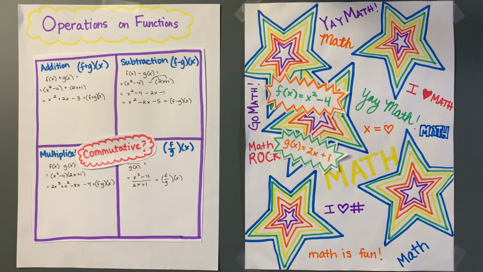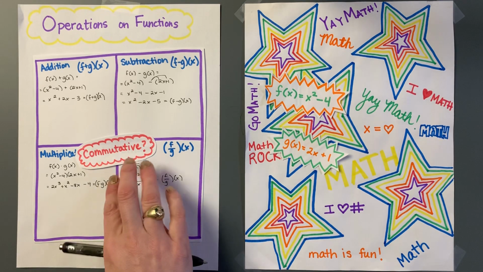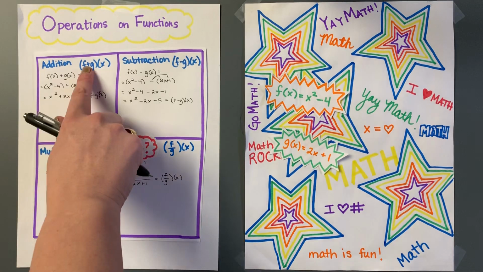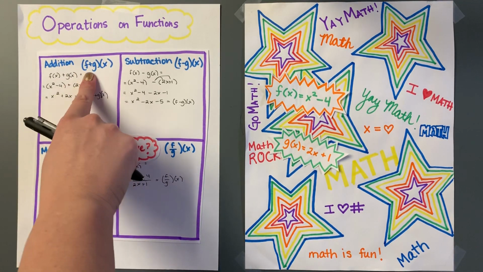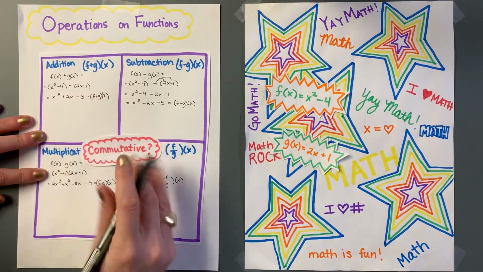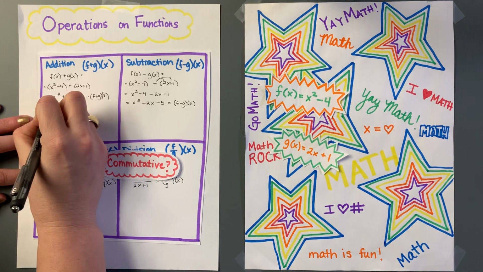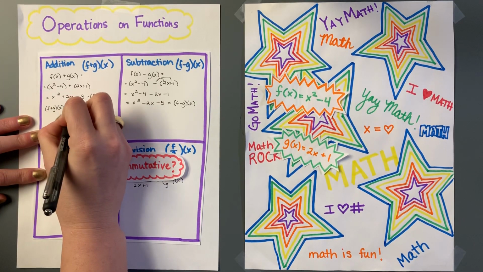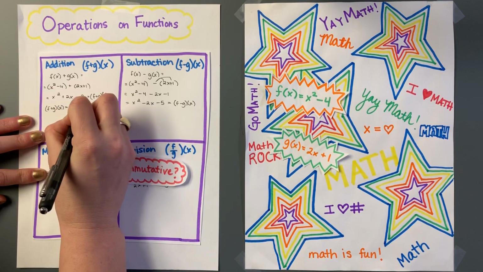I have a video on the properties of real numbers, but as a reminder, the commutative property means, can these be reversed and have the same thing? So another way of saying this is: is f plus g of x equal to g plus f of x?